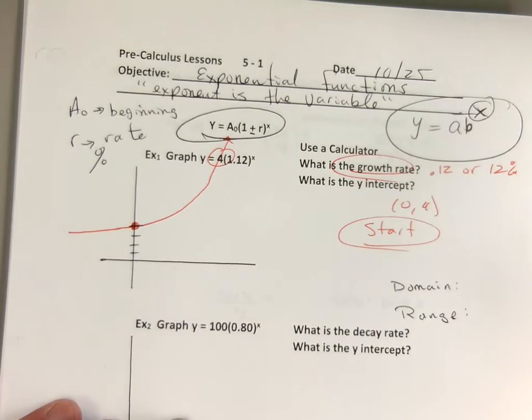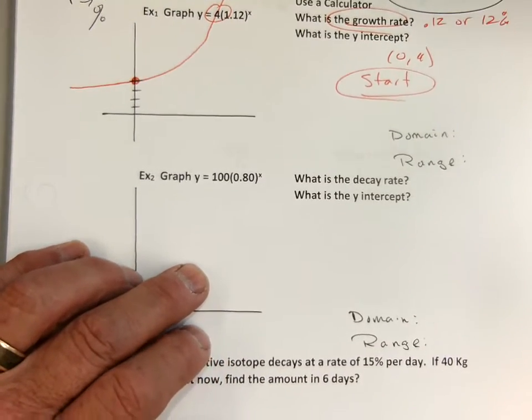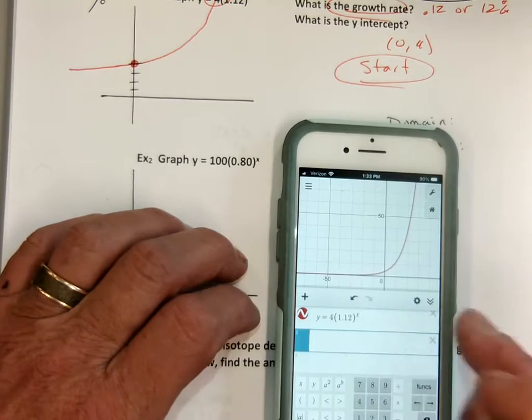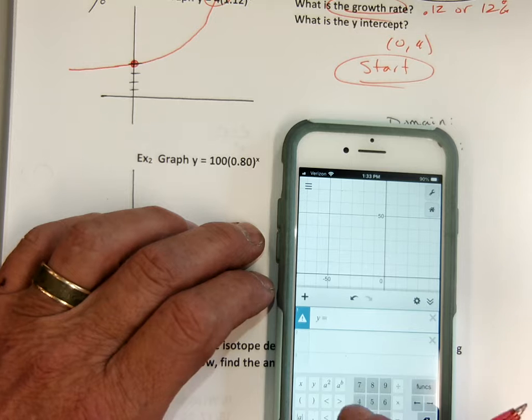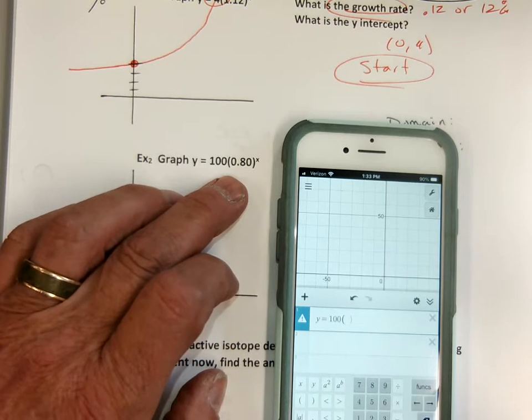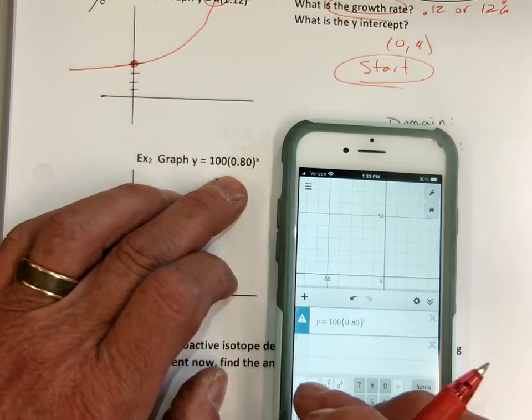Now let's look at exponential decay. So I look at the next one in Desmos, and we're going to go 100 times 0.80 to the x power.